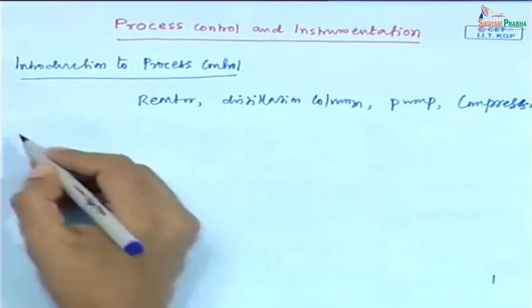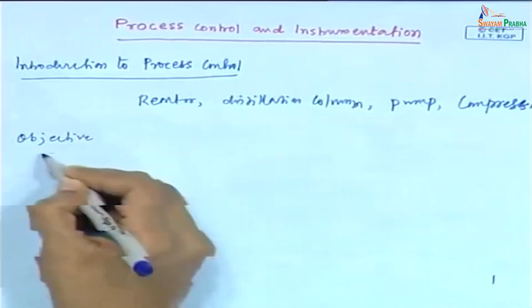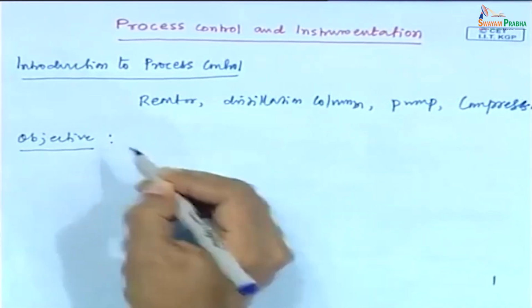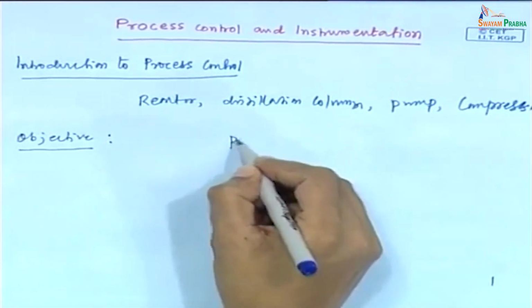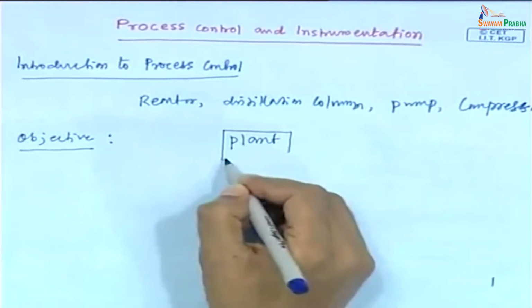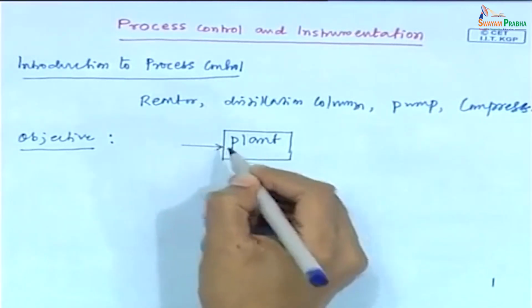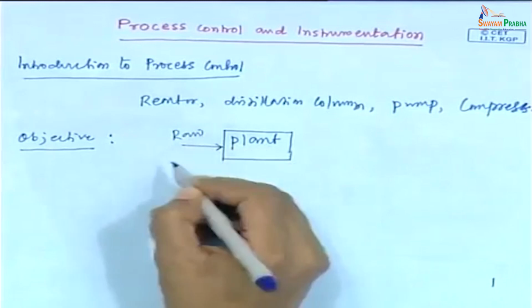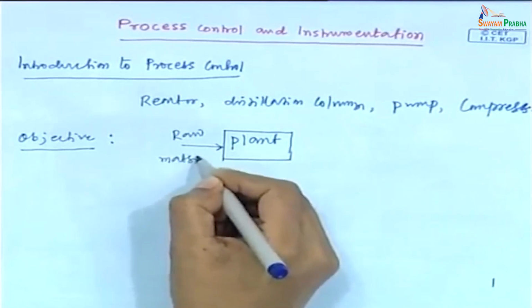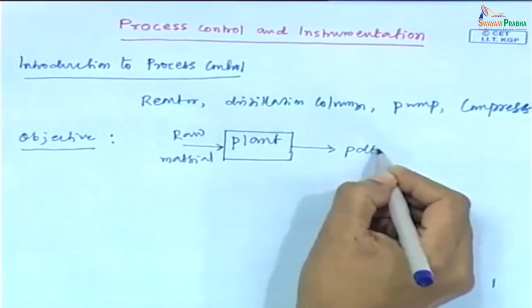Now, what is the objective of a chemical plant? Suppose we have a plant. Now, it receives raw material. So, input to this plant is raw material and output is product.